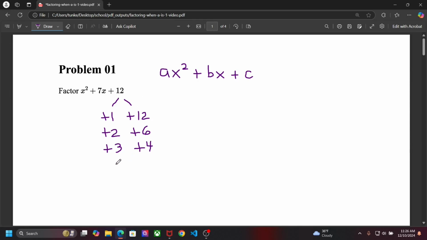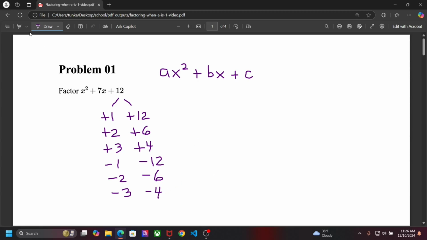Now we can multiply two negatives together to get the same thing. So we can do negative 1 times negative 12, negative 2 times negative 6, and negative 3 times negative 4.